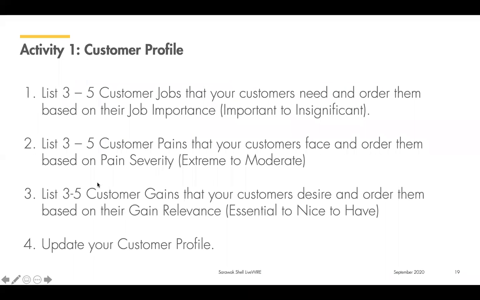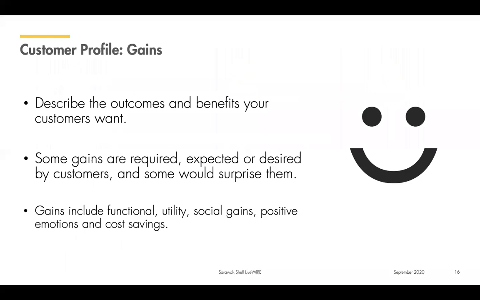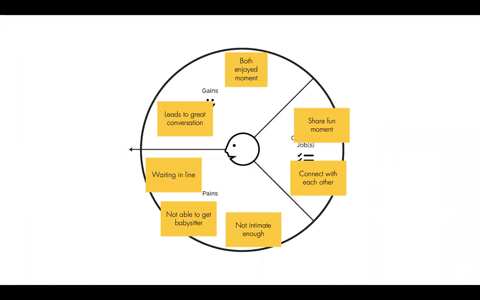And thirdly, list 3 to 5 customer gains that your customer desires and order them again based on gain relevance. But bear in mind, guys, when we look at this, it is actually the entire customer. It's interconnected. The pains and the jobs might relate to one another because we are still dealing with the same customer.